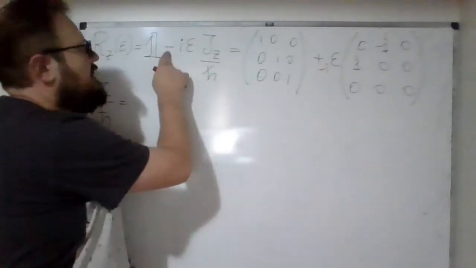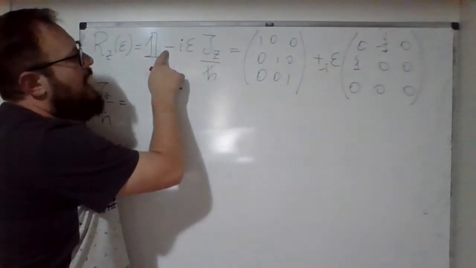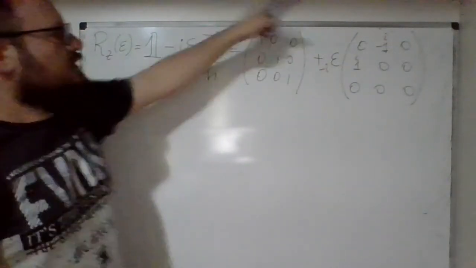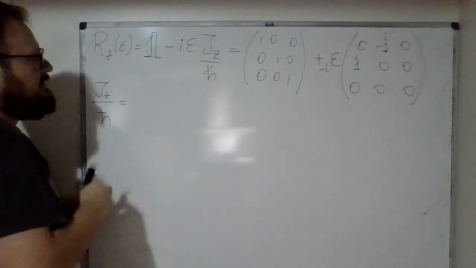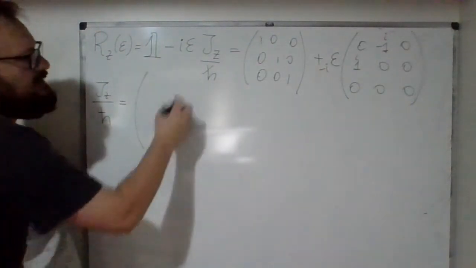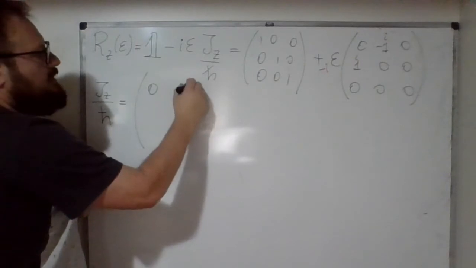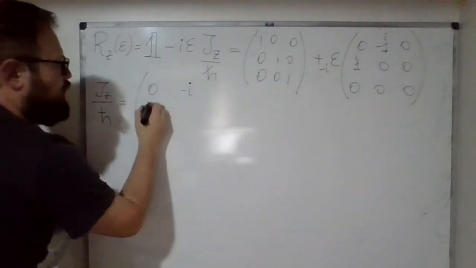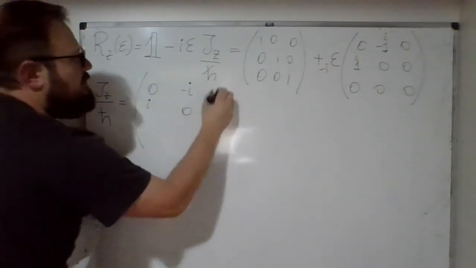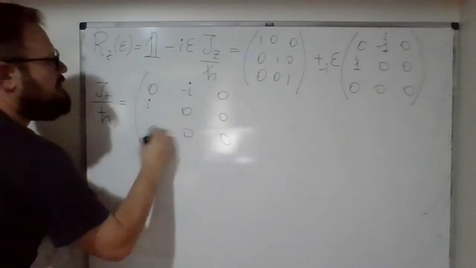This sign is now changed to a minus i, all right? But we just have to insert into the Jz divided by h bar matrix the imaginary unit. So here we have imaginary minus 1 times imaginary, 0, 0, 0, 0, 0, 0.